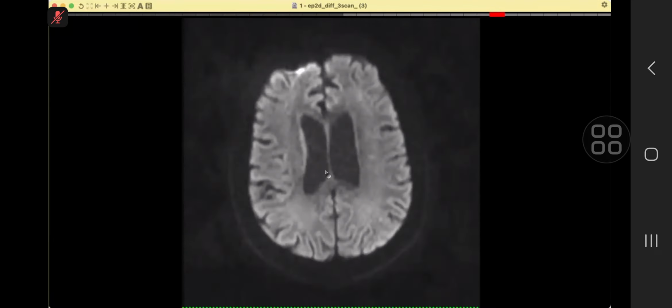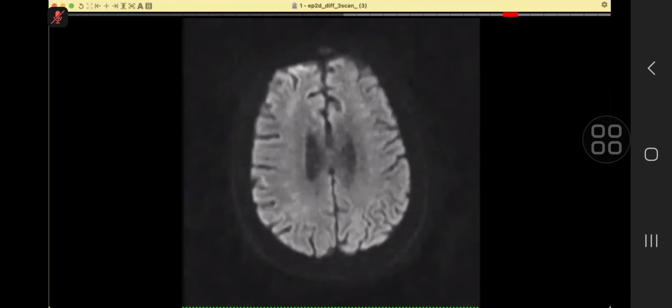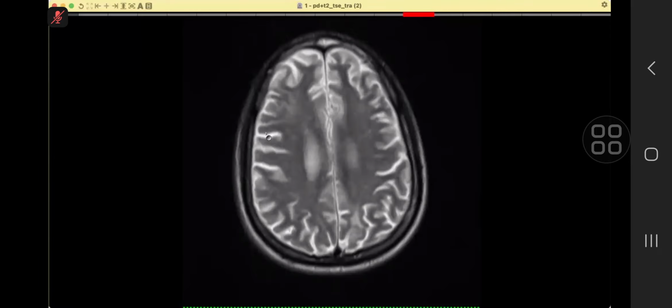Where is it pointed? Sir, one minute. Sir, this area, sir? You mean to say that there is restricted diffusion there? Sir, there is subtle high signal. If I see low signal in ADC, I will call it restricted. Otherwise, I can call it subtle edema, because there are certain specks of high signal.